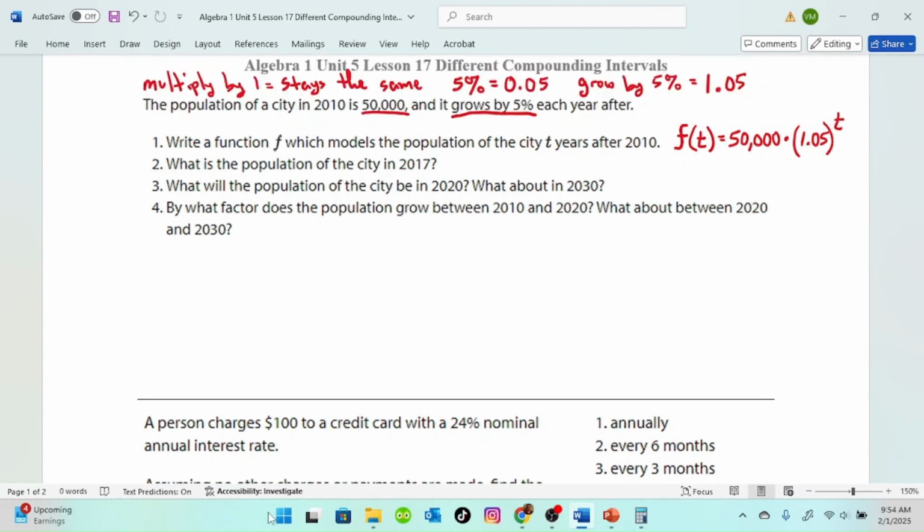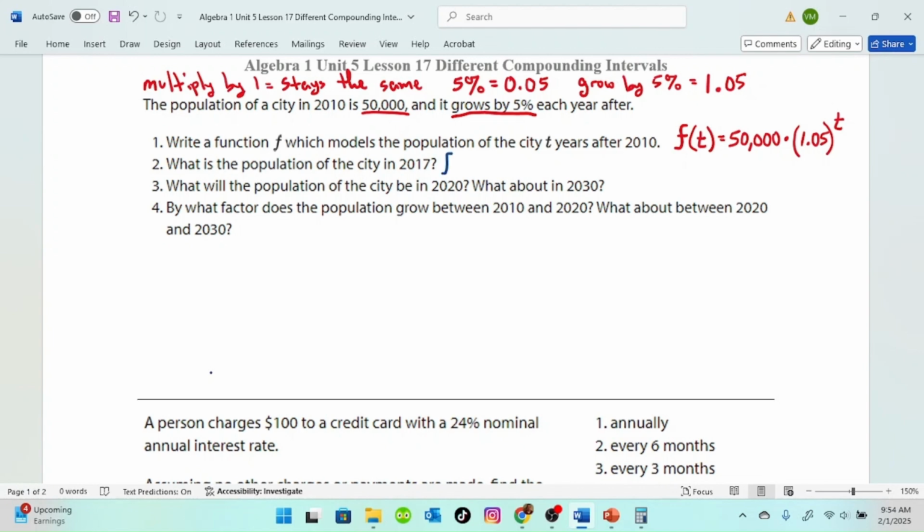Number 2, what is the population of the city in 2017? Well, 2017 is going to be 7 years after 2010.